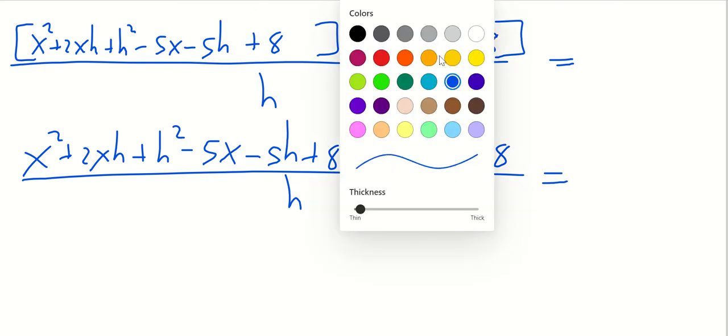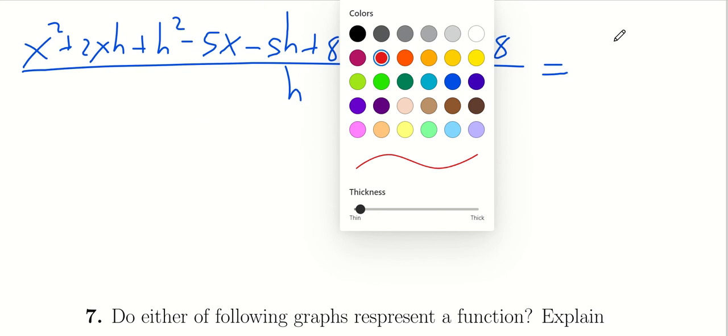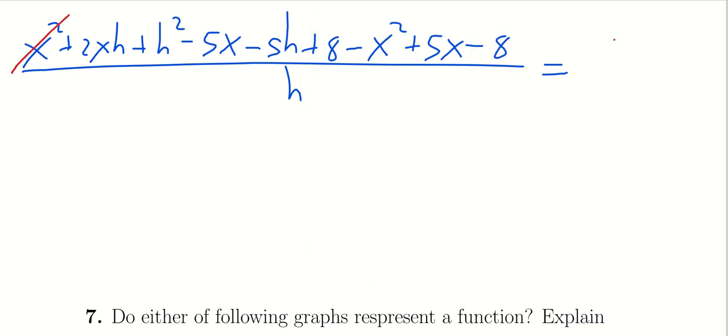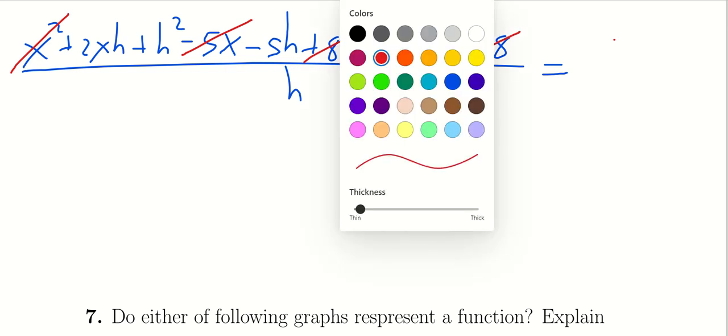Let's see what cancels here. A positive x squared and a negative x squared cancel. We have a negative 5x and a positive 5x cancel. And we also have a positive 8 and a negative 8 which cancel.